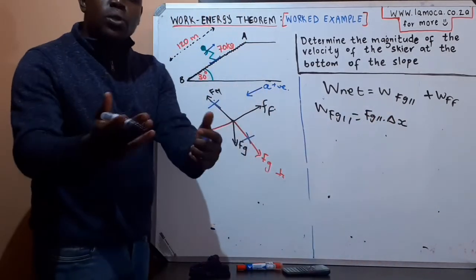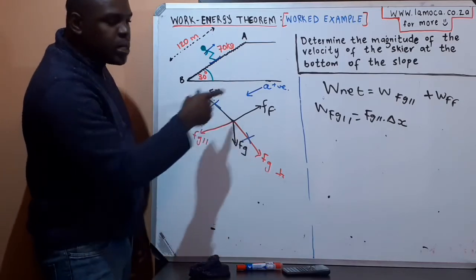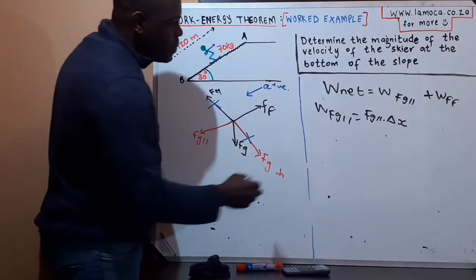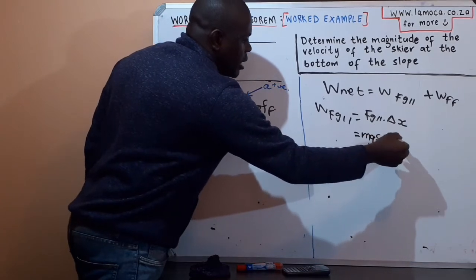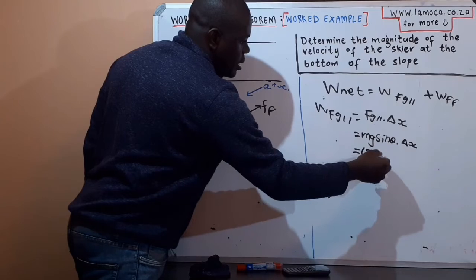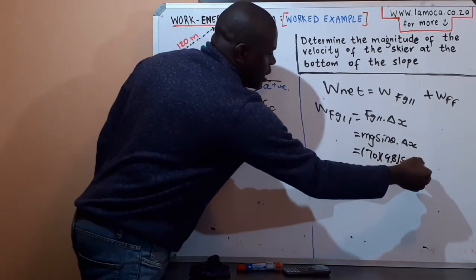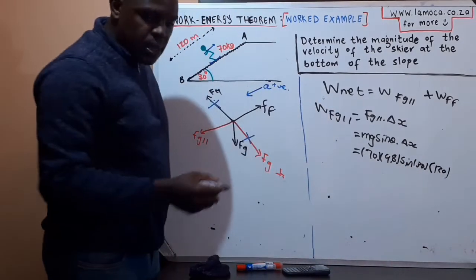I don't have to put cos theta because FG parallel is in the same direction as the displacement, so theta is 0 and cos of 0 is 1. FG parallel is mg sine theta times delta x. The mass is 70, 9.8, sine of 30 degrees, times 120, which is our displacement.